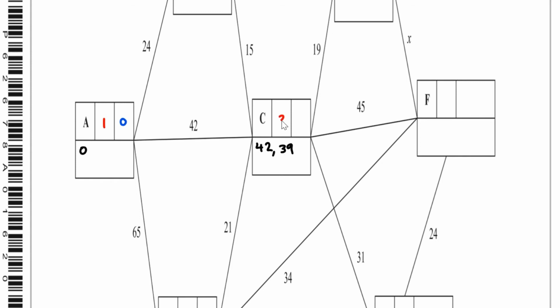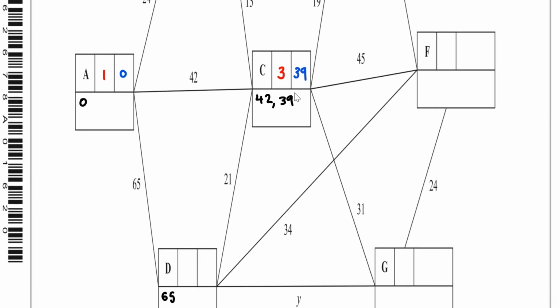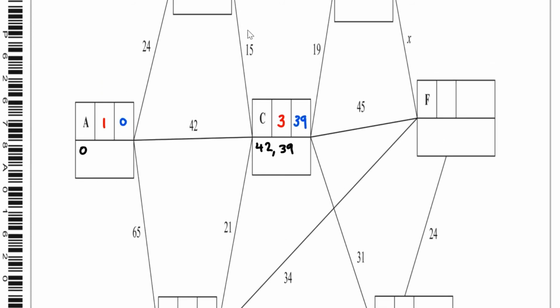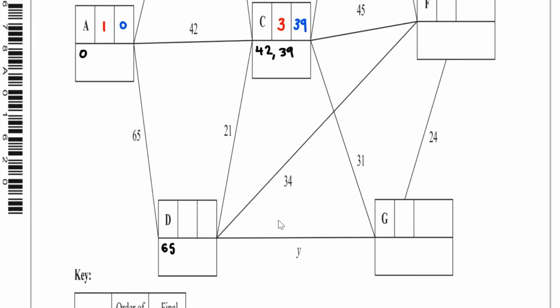So C has an order of labeling 3 because the final value is 39. Now over here 39 plus 21, that is 60.